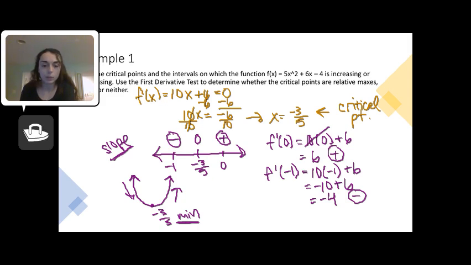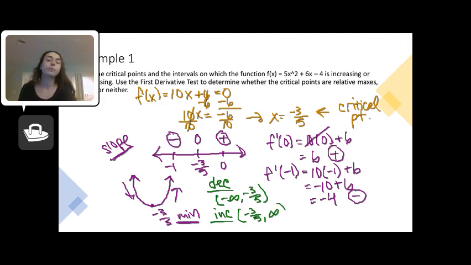So in interval notation, we will write between negative infinity and negative 3/5, the function is decreasing. And then the function is increasing where the slope is positive, or for all x values greater than negative 3/5, from negative 3/5 to infinity, not including negative 3/5, because here is where the slope is 0.